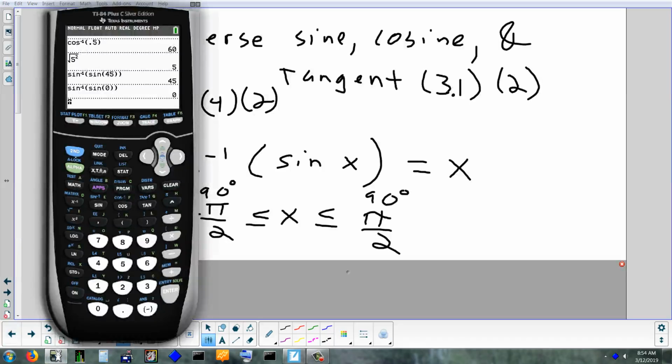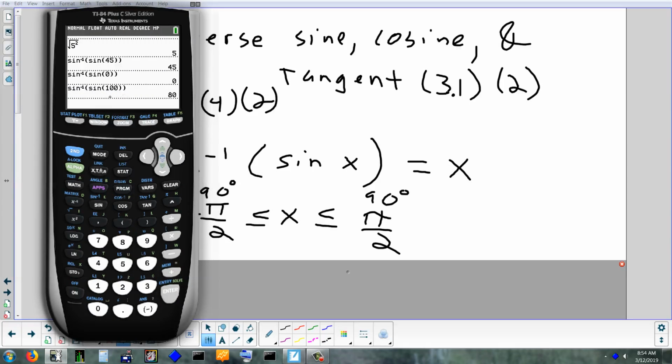All right. So let's try the inverse sine of the sine of 100. According to my formula, is that between the two numbers that I said it should be? No. So when I hit enter, I get an answer back, but it's not the answer that I started with, right? Because inverse sine will only give you an answer between negative 90 and 90.